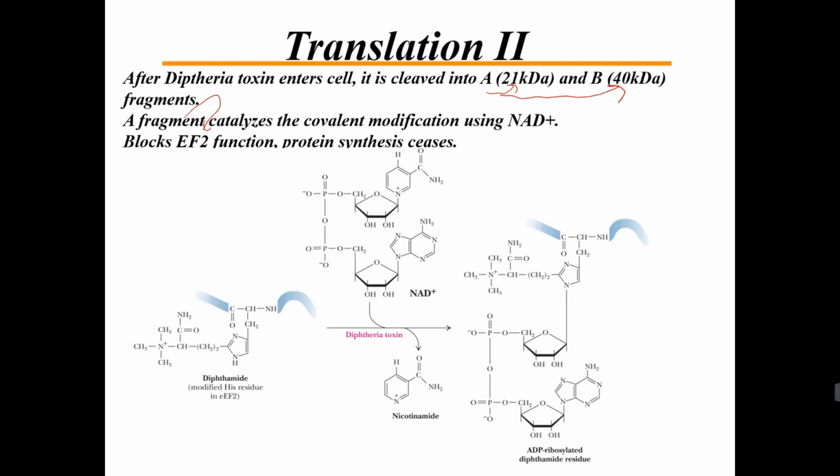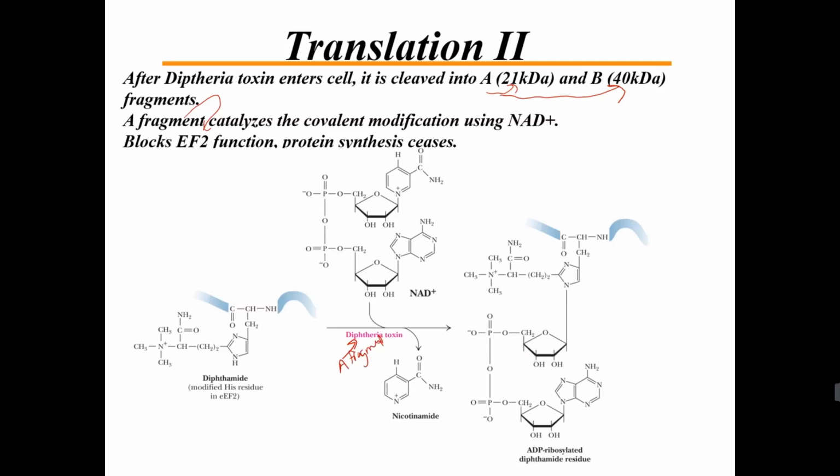Okay, so how does the diphtheria toxin really block protein synthesis at the molecular level? It's essentially just a very simple reaction that's depicted here on the slide. So here's our diphtheria toxin, particularly the A fragment.